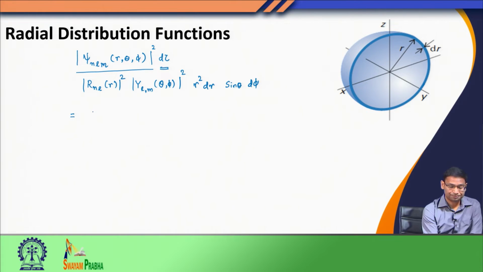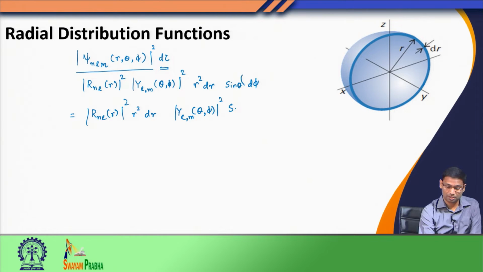Mathematically, what I am trying to do is integrate out the angular function. So, let us try to do that. I will keep the radial functions separately and then integrate out the angular functions. Sorry, here I should have a sin theta d theta multiplied by d phi.